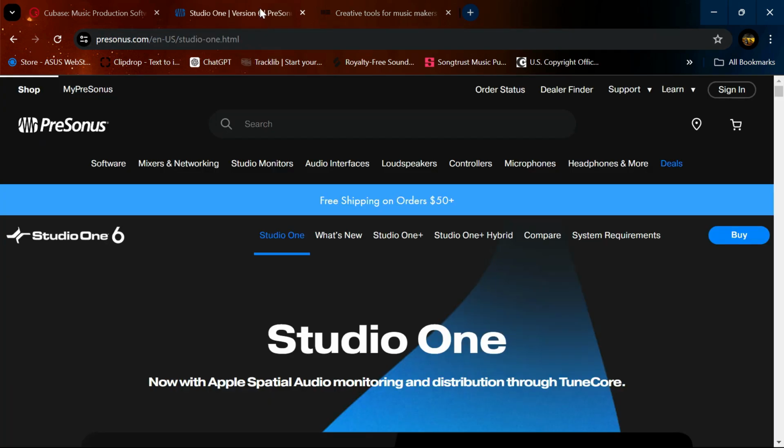So let's talk about Studio One. Studio One, I've used since version 2. And I went to version 3. Did I go to version 4? I don't think I... maybe I did go to version 4. And there was one problem with Studio One that I just did not like, man.